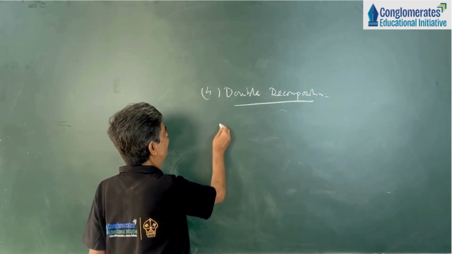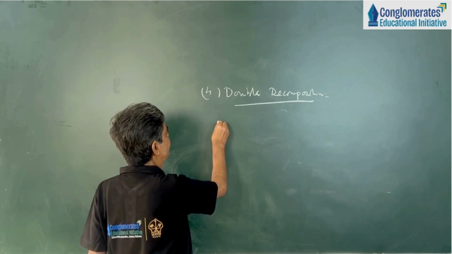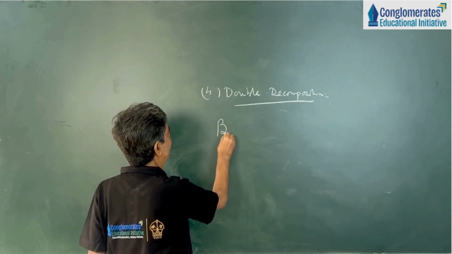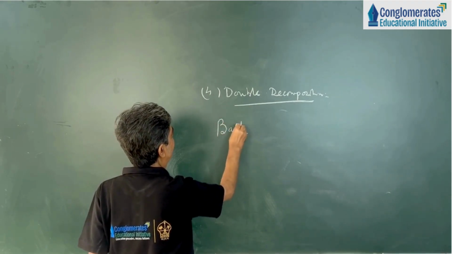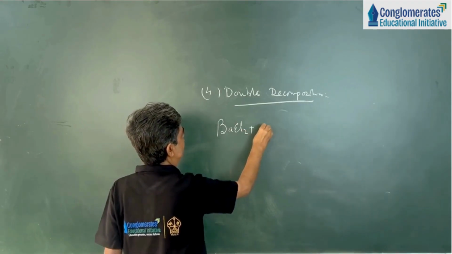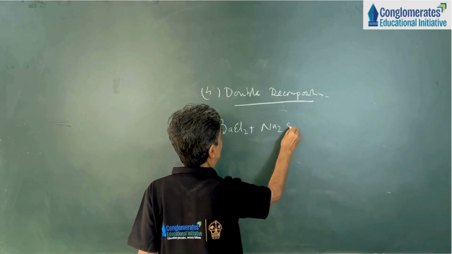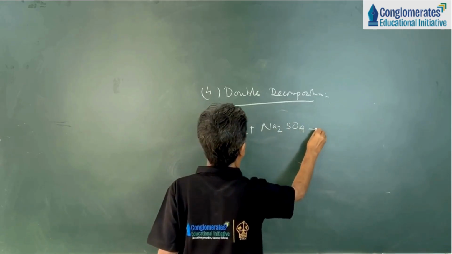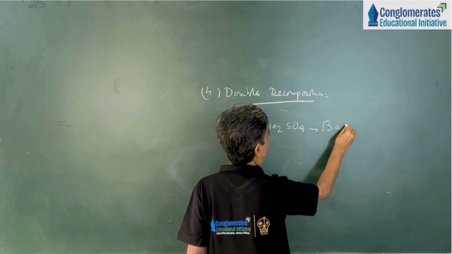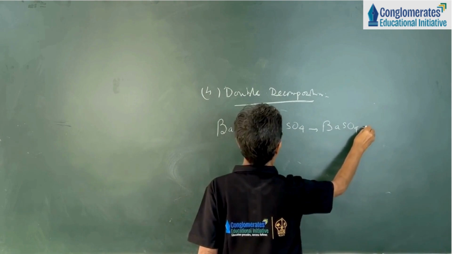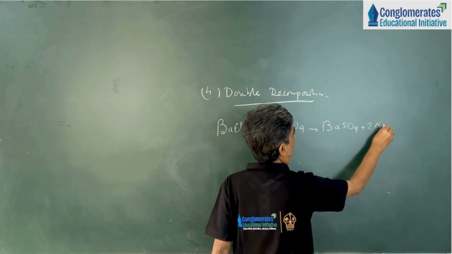Now examples, let me give you some interesting examples one by one. Suppose barium chloride, BaCl2, plus sodium sulfate, we get barium sulfate plus 2 NaCl.